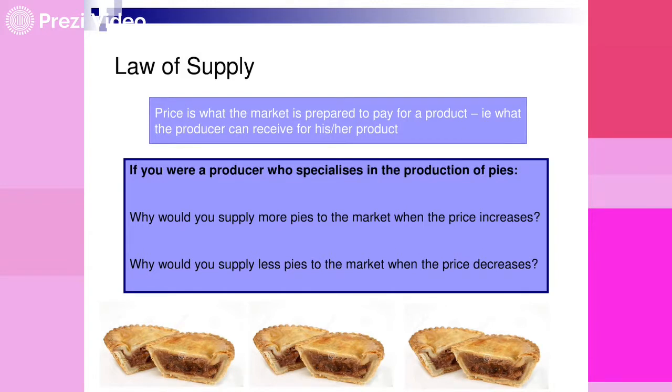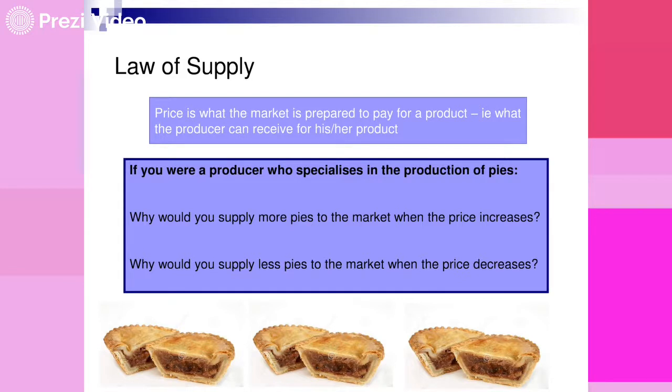So for example, just to remember, price is what the market is prepared to pay for a product, so what the producer can receive for the product that they create. So let's say we were a producer who supplies pies. So we had a bakery and we had a pie shop. Would you supply more pies if the price increased?